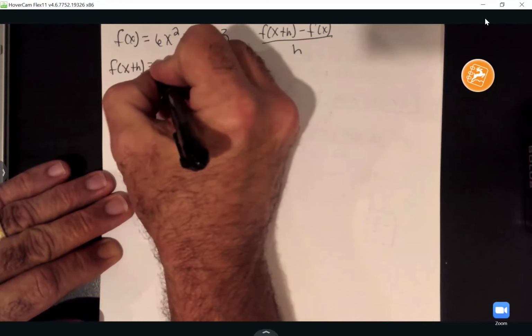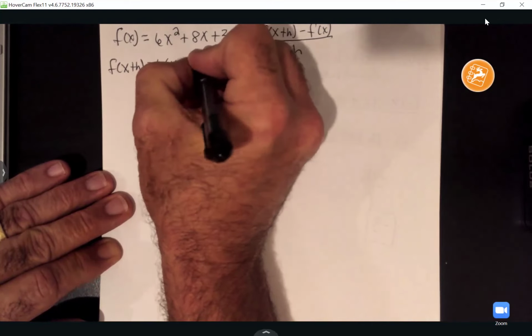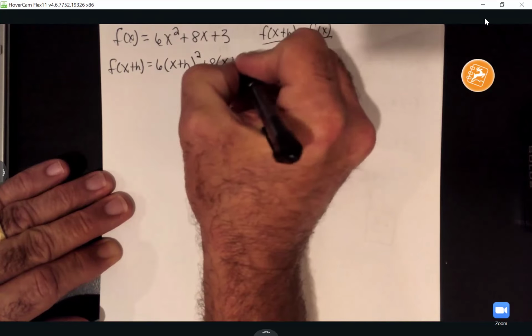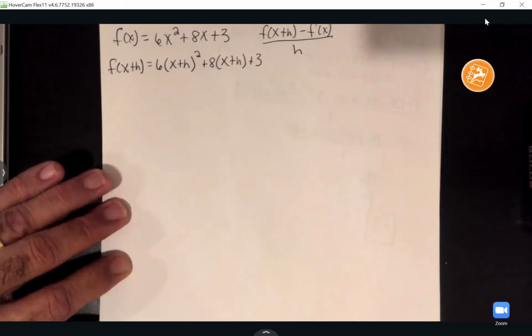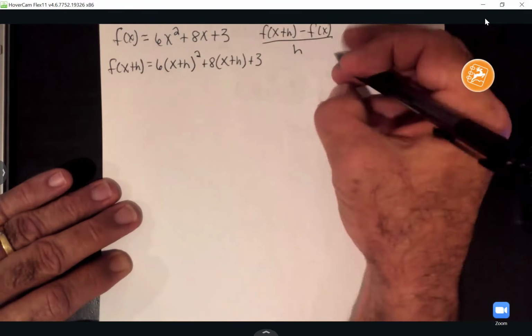Because remember, wherever they got an x, I got to put an x plus h. And then I'll have 8 times x plus h, and then plus my 3. So did y'all save your notes on what x plus h squared equaled?